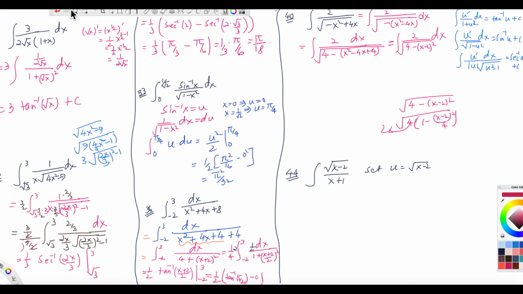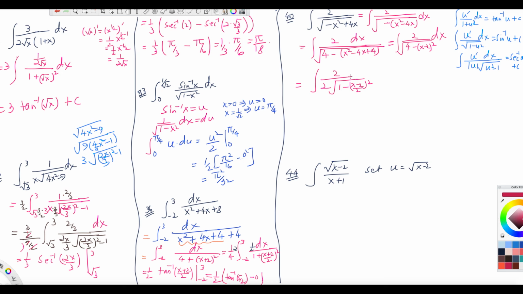So you get, taking 2 outside, the integral of 2 over 2 times the root of 1 minus x minus 2 over 2 squared.